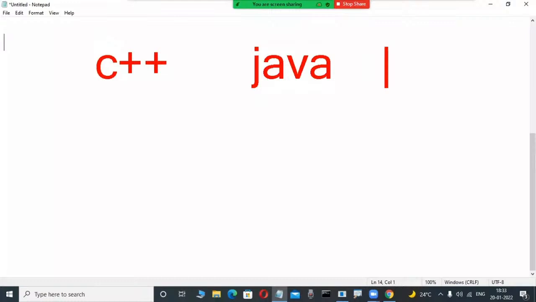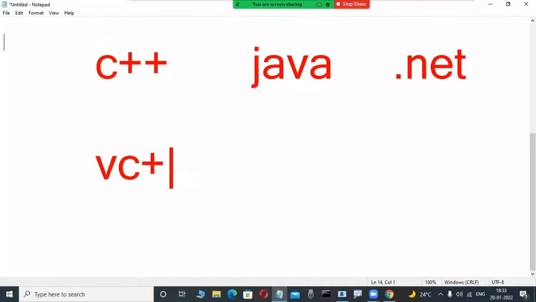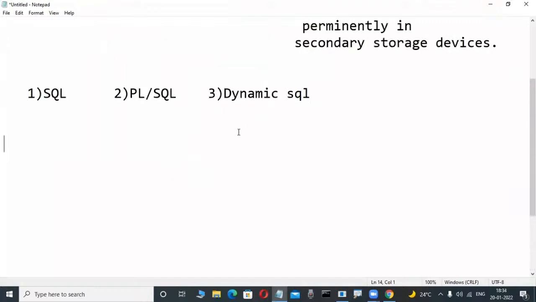C# .NET is an object-oriented language. VC++ is an object-oriented language. So many object-oriented languages are there. Suppose today I'm taking two languages as an example. Through the same concepts, we will observe whether all these SQLs are different or the same. Now check it out. Suppose, simply, observe for only five minutes.